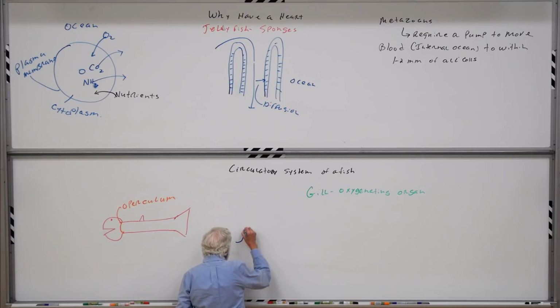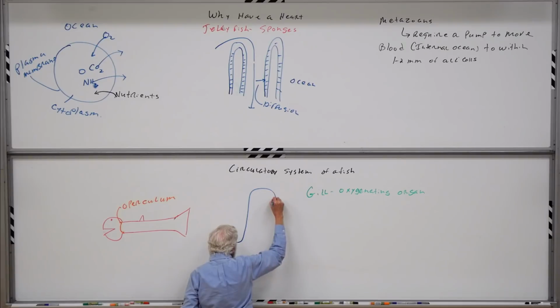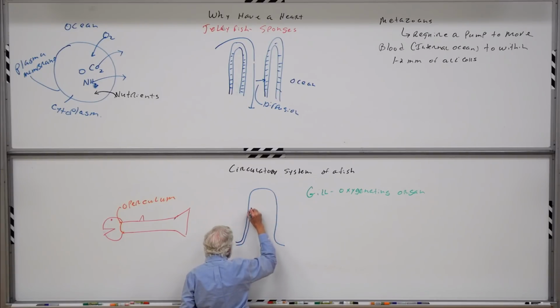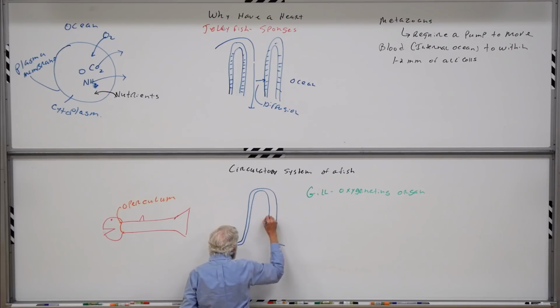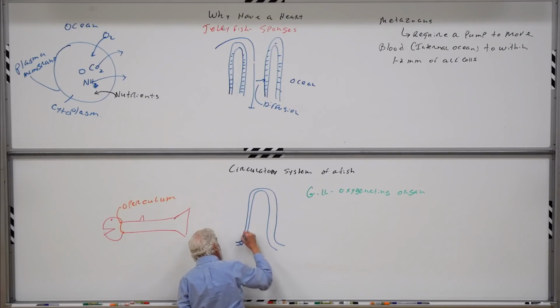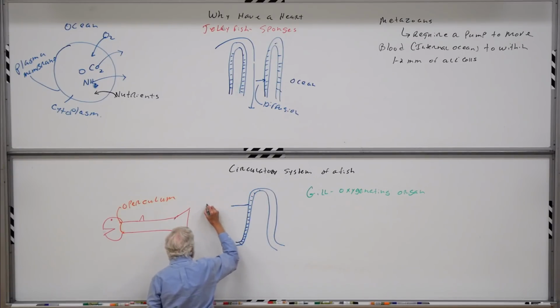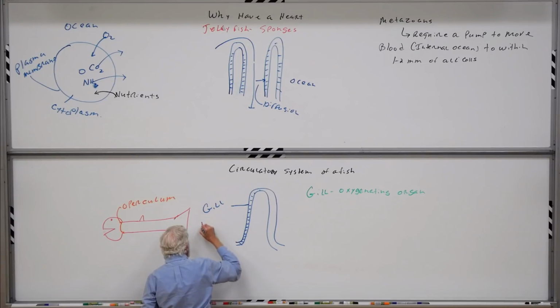So what I want to draw here, this finger-like structure, is meant to represent an epithelium. So each one of these hash marks is meant to represent an epithelial cell. So this is meant to be the gill epithelium.